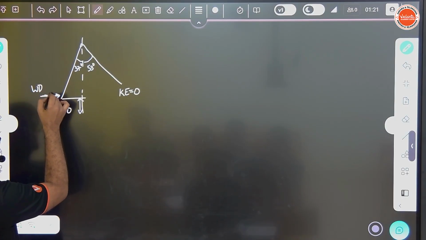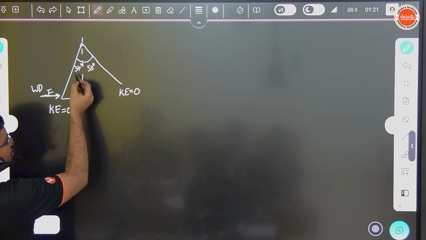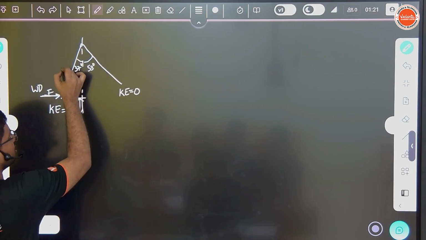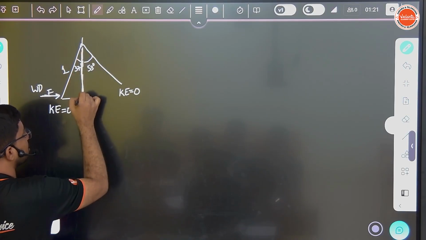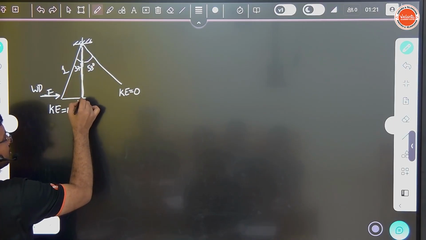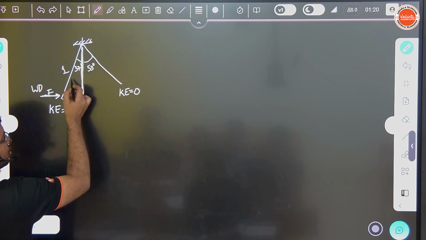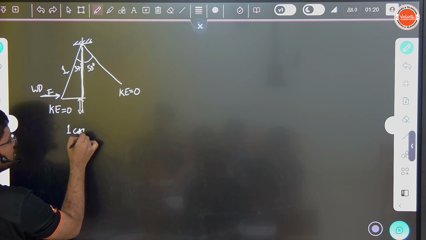Now there is work done by this particular force over here, which is at 37 degrees. This is 1 meter given to you. So can you tell me what is this particular height here from this ceiling? So he is at how much height? So 1 cos 37, right?